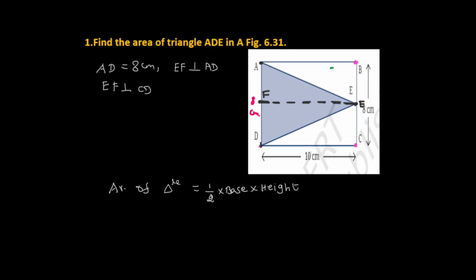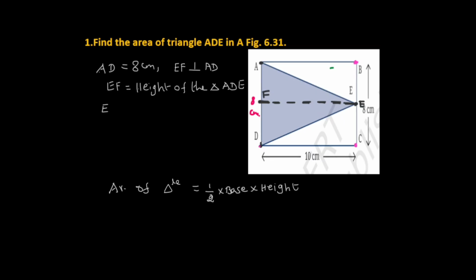Now our EF is nothing but height. So EF is perpendicular to AD, and EF is equal to the height of the triangle ADE.